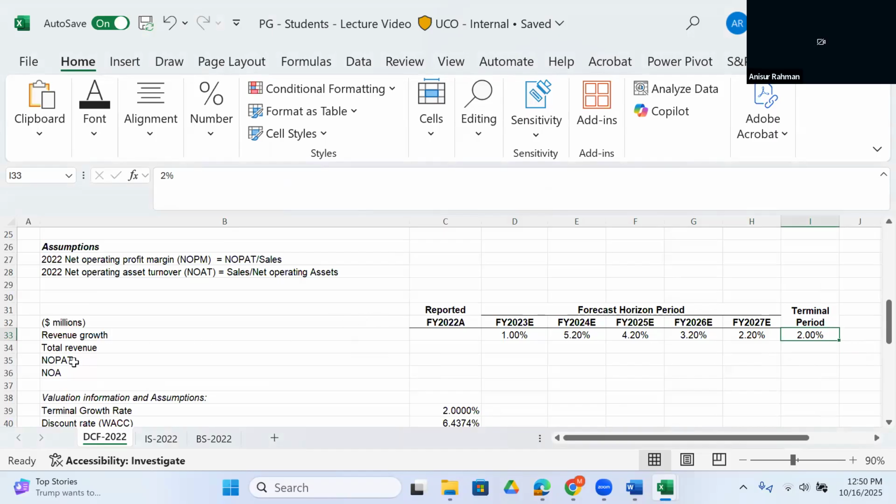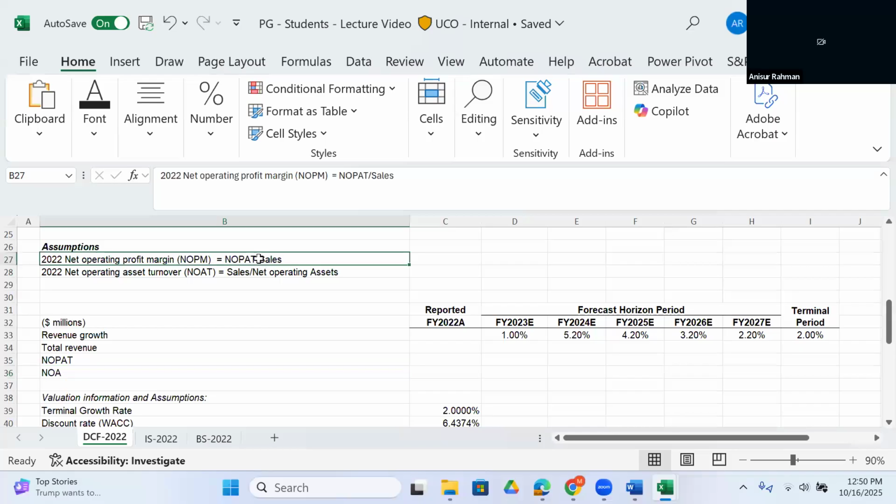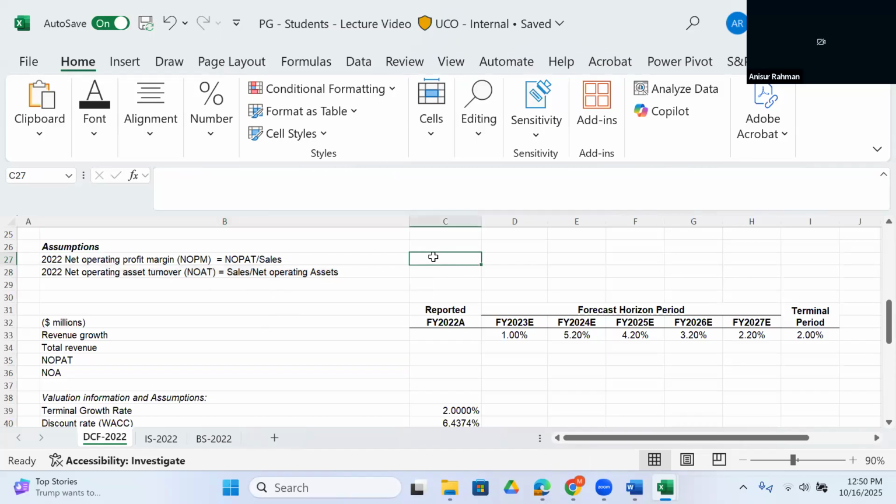Now, instead of forecasting NOPAT and net operating assets for all these years, we are going to use these two pieces of information: net operating profit margin, net operating asset turnover, calculated from the most recent year. For my case, it is the 2022. In your case, it will be 2024 or a different year.